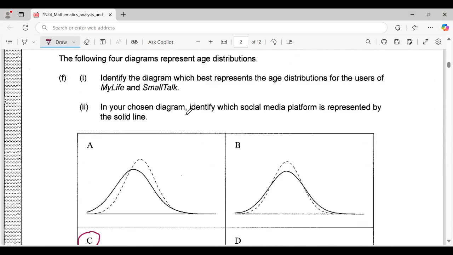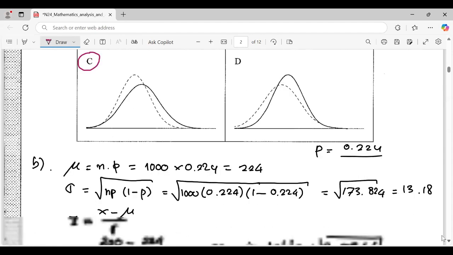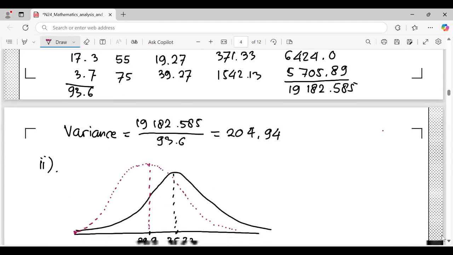In your chosen diagram, identify which social media platform is represented by the solid line. Of course, my life is represented by the solid line, this. And the dotted line represents small talk.